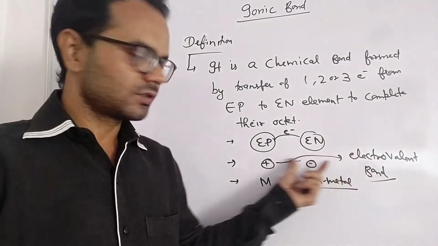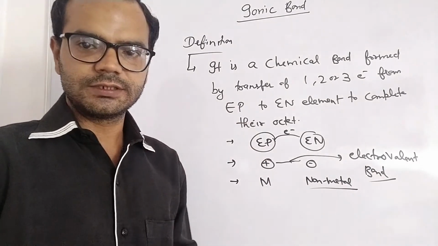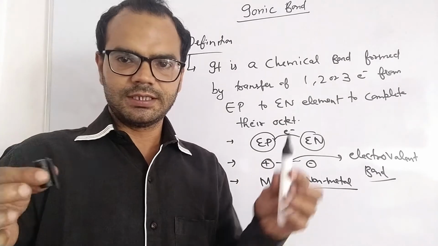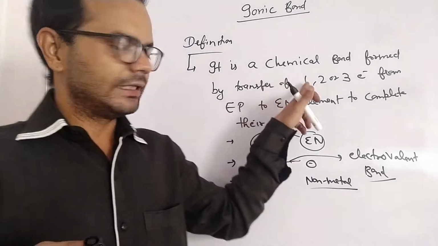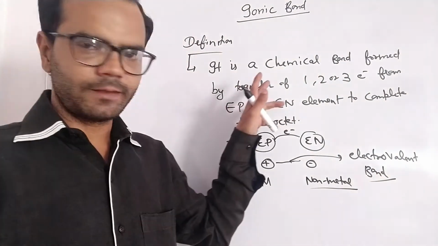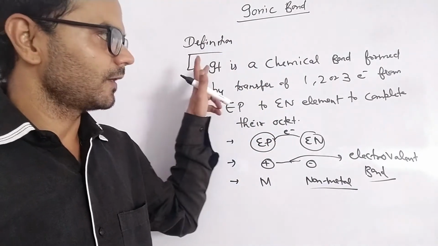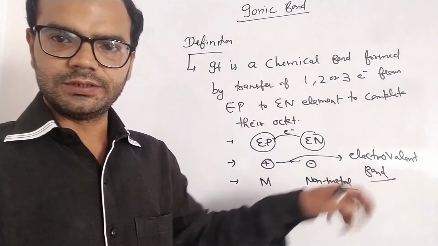Or we can say there is a strong electrostatic force of attraction that holds two ions. For example, this is a cation and this is an anion. Transfer of electrons, either one electron or two electrons or three electrons, depending on the valency of elements. Clear? That is an ionic bond or electrovalent bond.